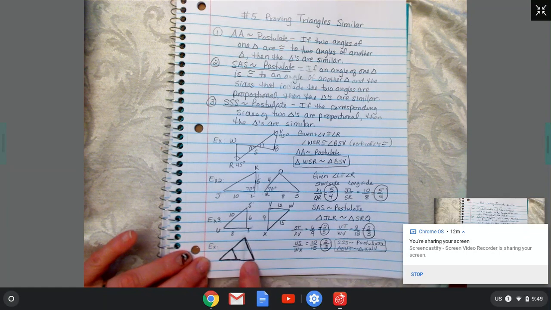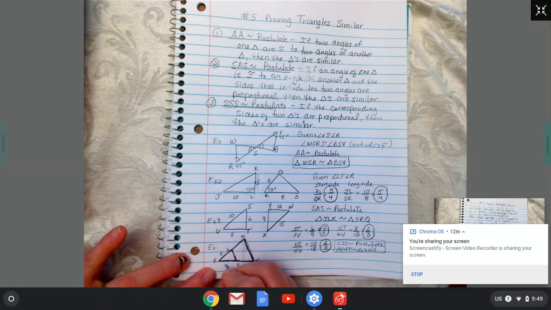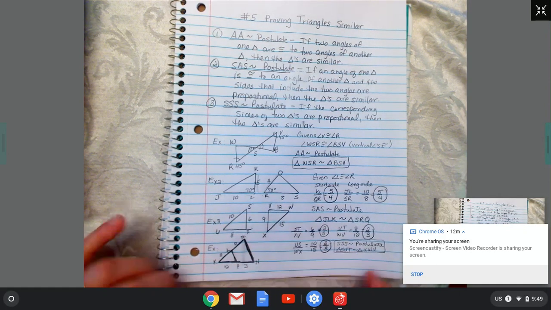So I've got a little and a big. The little one has KLP, and the big one is KMN. The numbers I have are 8 here, 12 here. They're given a 2, which just represents this distance. And down here, I'm given this distance as 3, P to N. Remember, it's not drawn to scale.